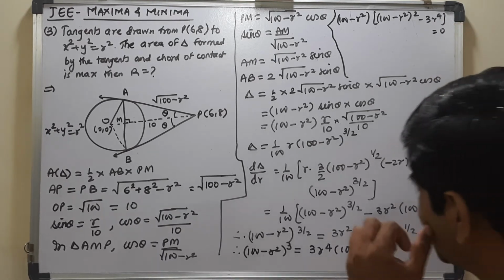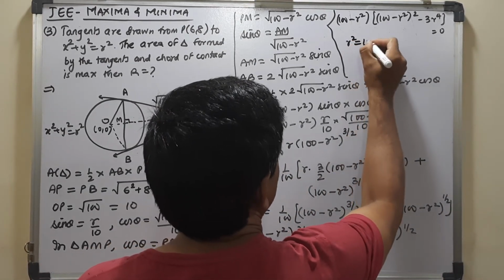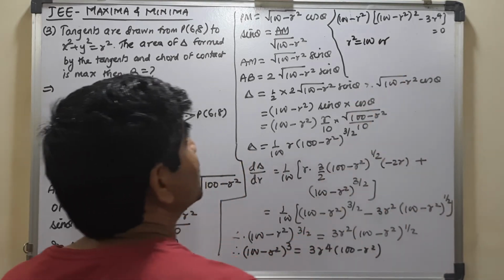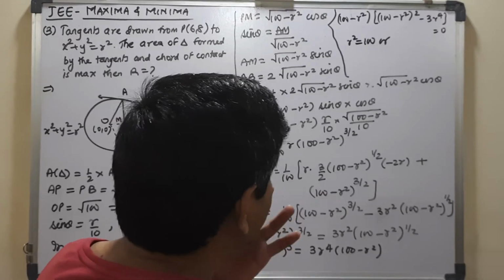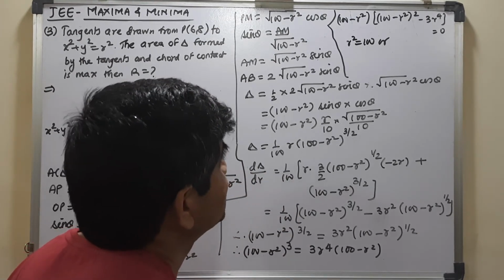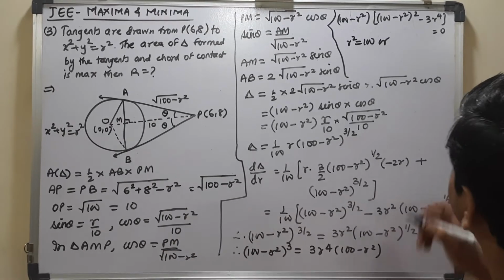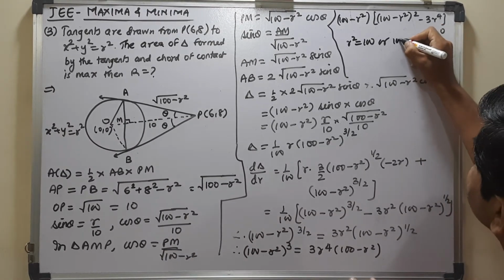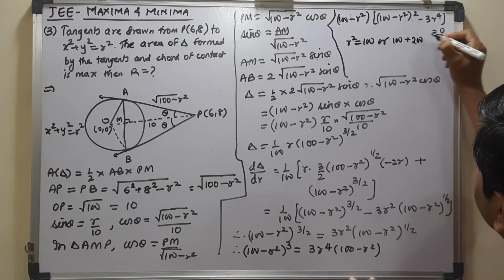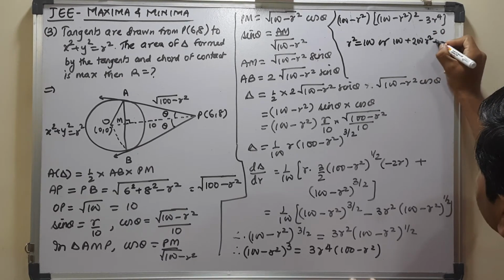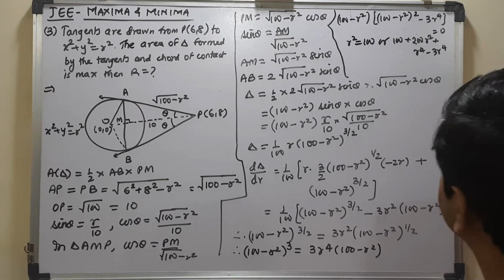This is equal to 0, indicating your r square is equal to 100, or solving this will give me 100 square plus 200 r square plus r raised to 4 minus 3r raised to 4.